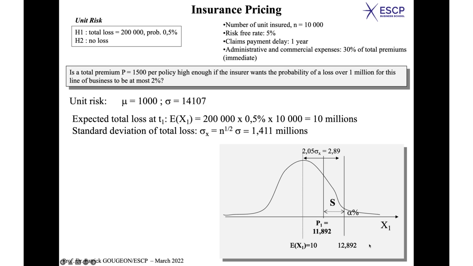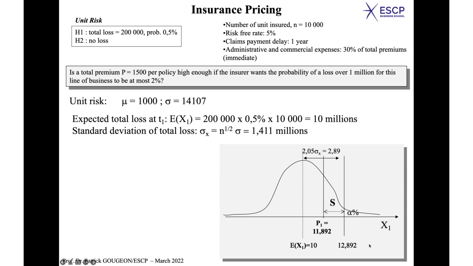So we end up with P1, which should be 11,892. See, if you take P1 equal 11,892, let's assume that the insurer has this amount at date 1, then you can see that the probability to lose more than S is just alpha percent. So we comply with the objective. So our P1 is 11,892.